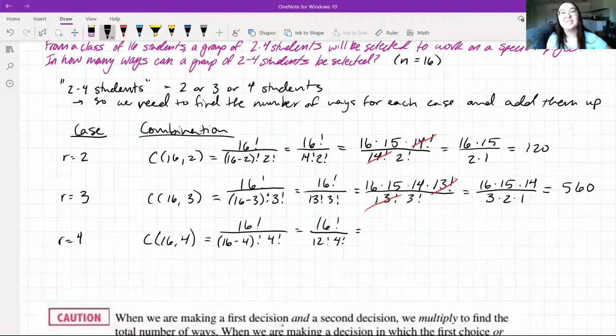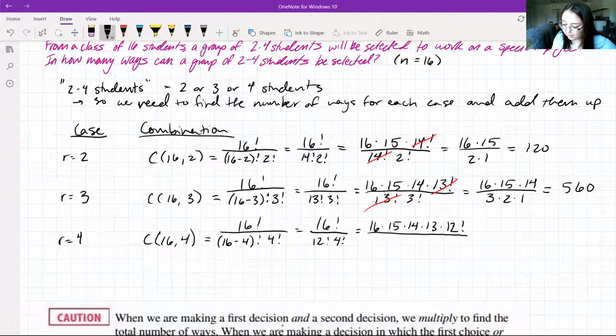And now we get to do the same thing again. We're just extending it one value farther. So we get 16 times 15 times 14 times 13 times 12 factorial, dividing by 12 factorial and 4 factorial. Just like before, we can cancel out our factorials.